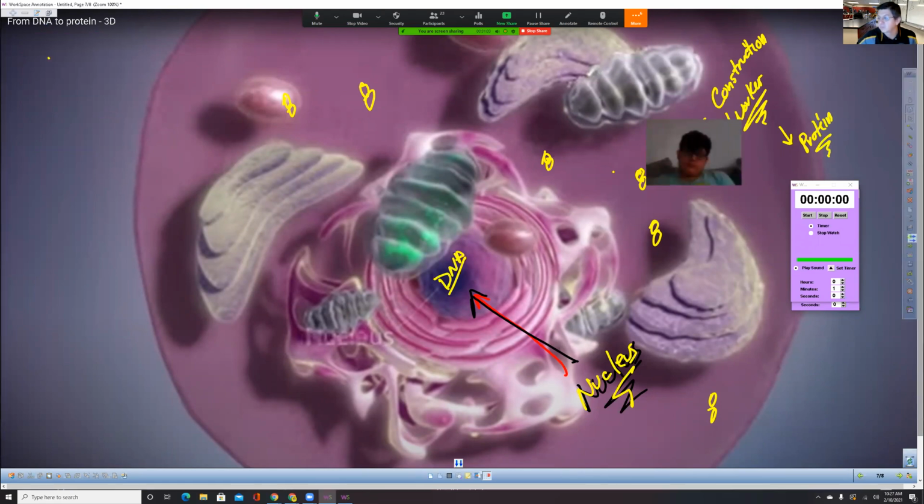And so imagine that Ethan the ribosome right here is a construction worker. He wants to make proteins. That's what he does. But he doesn't know what protein to make. See how confused he looks right now?